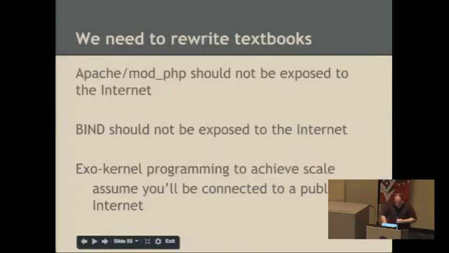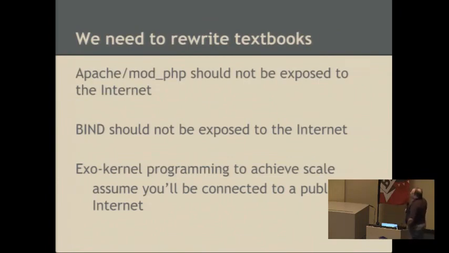Okay, so here are the conclusions. We have software that was built back in the 1990s which should not be exposed to the internet as it is today. It should not be exposed to the billion hostile devices that are attached to it.